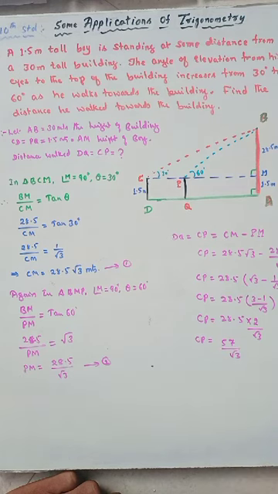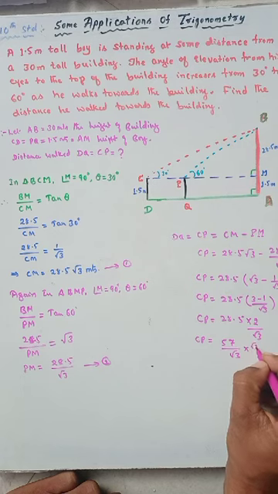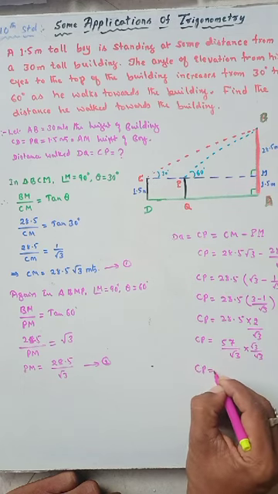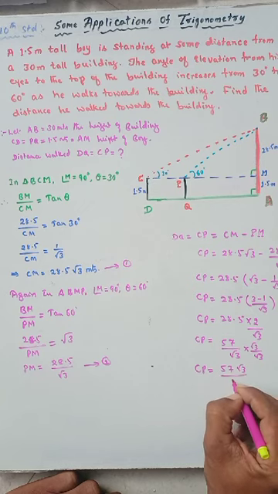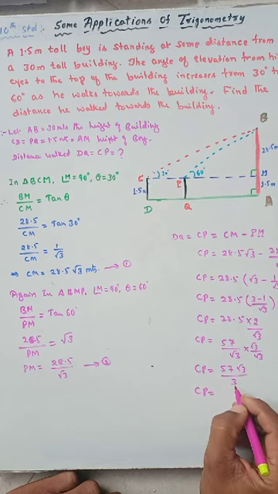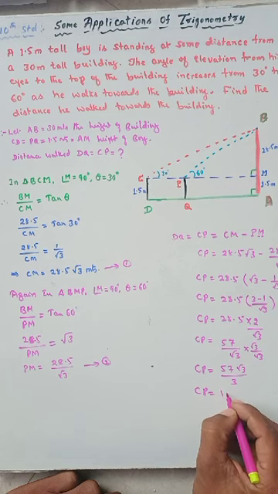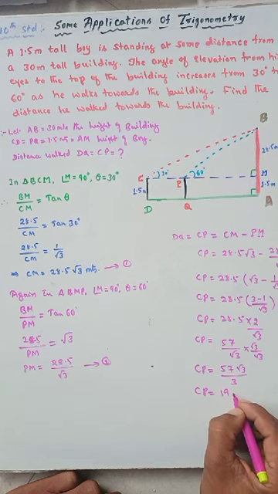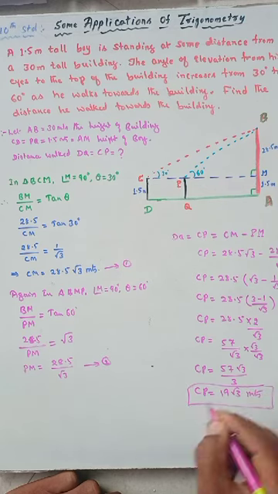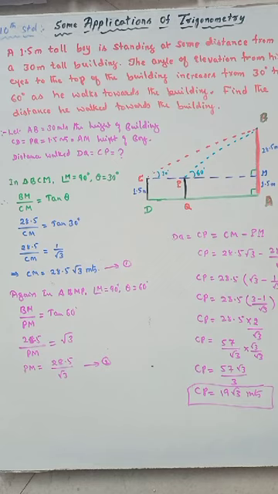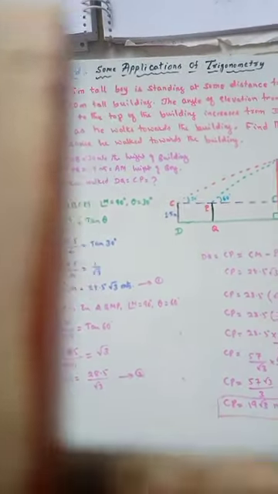Again, if I rationalize by multiplying root 3 by root 3, you will get CP is equal to 57 root 3 by 3. 3 times 19 is 57, so CP is equal to 19 root 3 meters, which is the accurate value of this distance you walked.